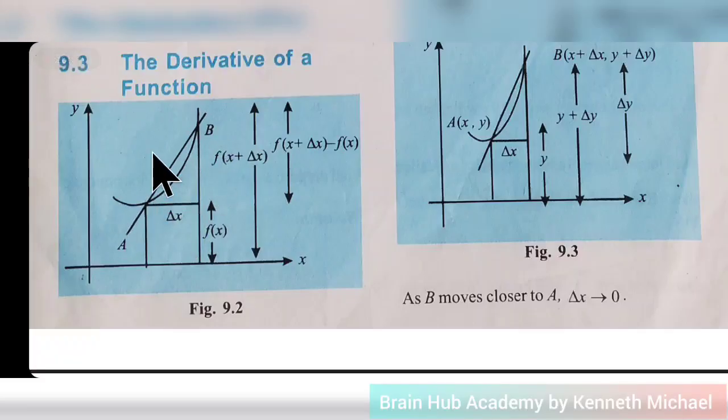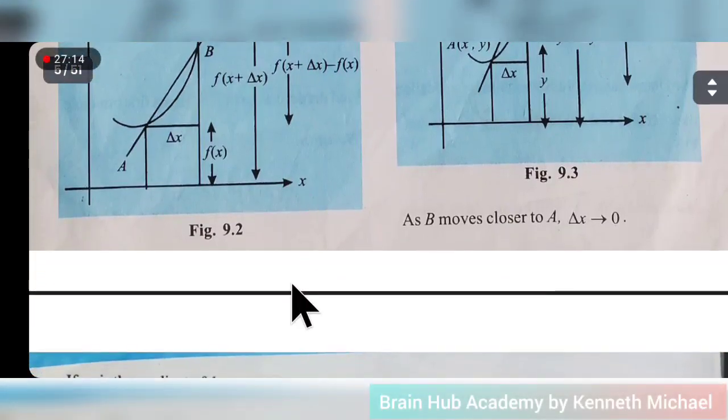This is a graph where we have a little modification here. At this point we have f of s. Here it changes to s plus delta s. Here you discover that f of s plus delta s is now taken from f of s. So this is a little modification.